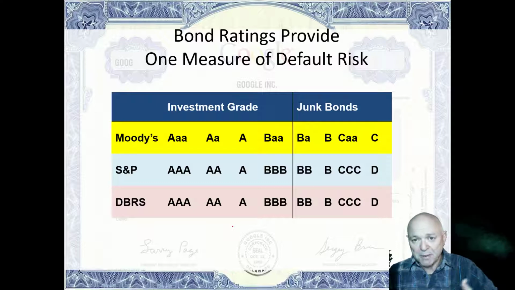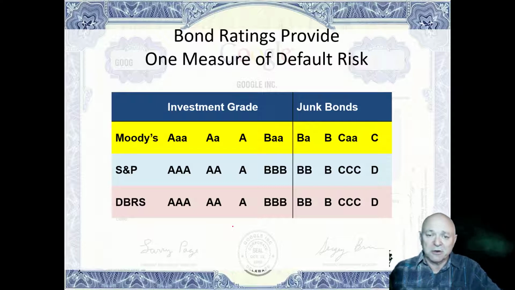For example, pension funds are limited in the amount of below investment grade bonds that they can hold. Government agencies may not hold junk bonds. So if you fall into the B category or the C category, the return is going to be very high, but the risk is also going to be reasonably low.